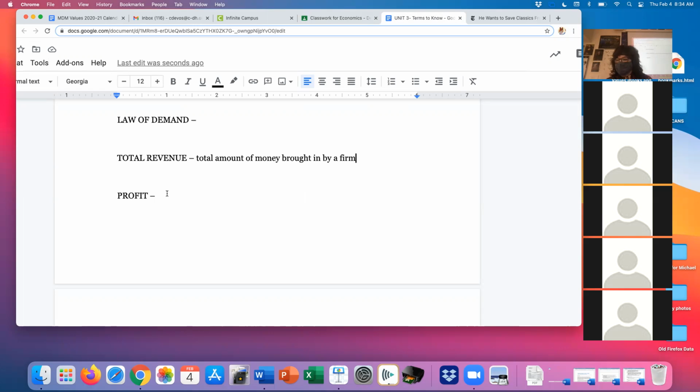Okay, profit. Do not confuse this with revenue, my dears. The money a firm has left over after selling its goods and services and paying its costs of production. Okay.